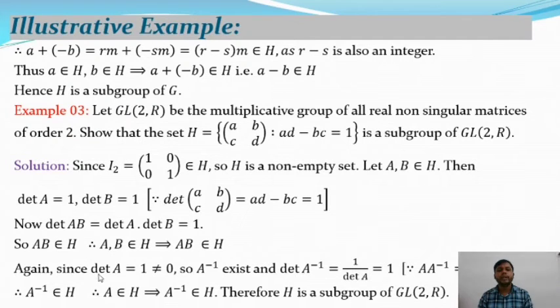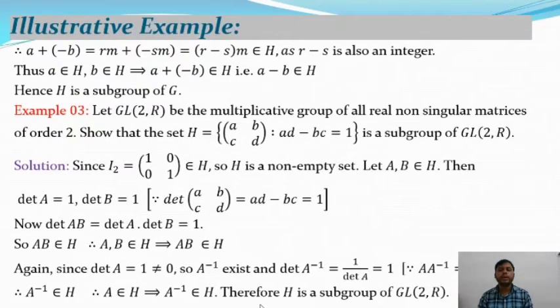Therefore, A, B belongs to H implies AB belongs to H. Again, since det A is equal to 1, it is not equal to 0. So A inverse exists, and the determinant of A inverse is equal to 1 by det A. That is also 1. So A inverse also belongs to H. That means A belongs to H implies A inverse also belongs to H. Therefore H is a subgroup of GL(2, R).